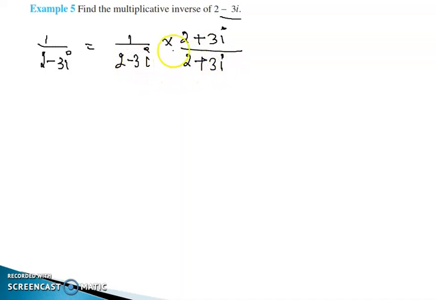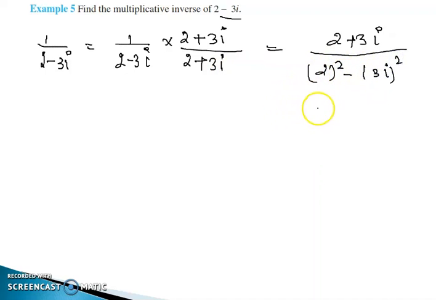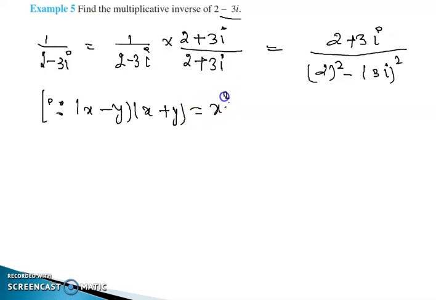If the sign is minus here, we will take plus; if the sign is plus here, we will take minus. So we will have 2 plus 3 iota in the numerator, and in the denominator it is just like x minus y into x plus y, which is 2 square minus 3 iota square. We have applied the formula x minus y into x plus y is equal to x square minus y square.